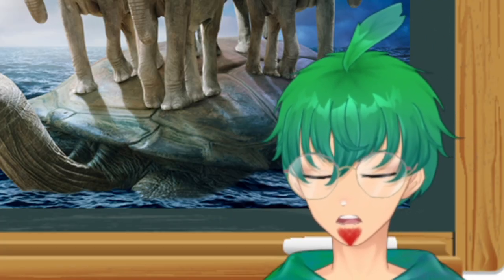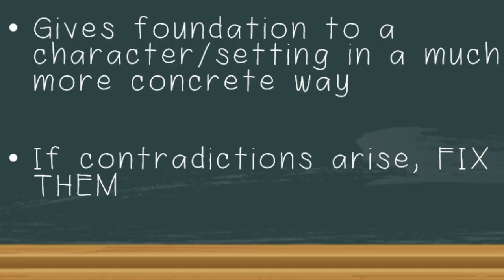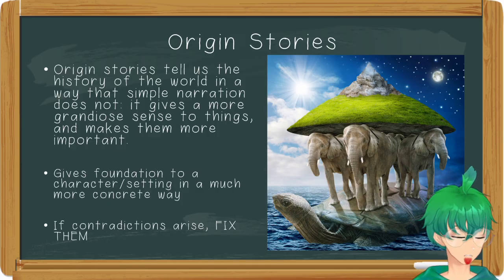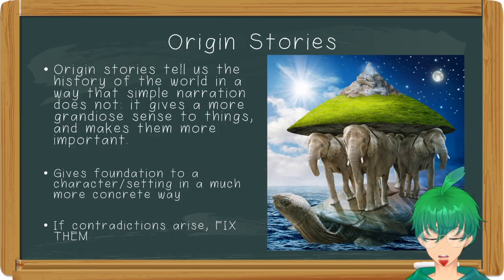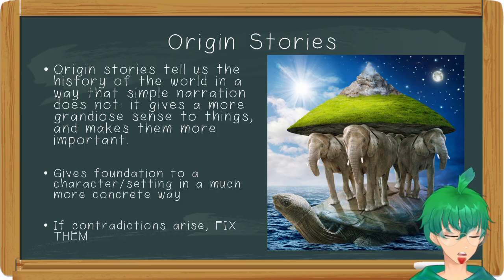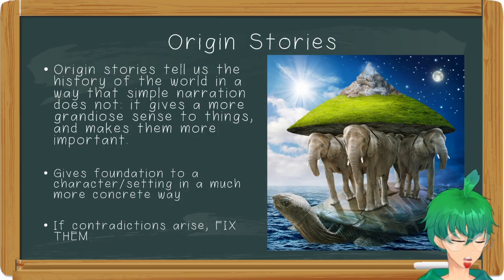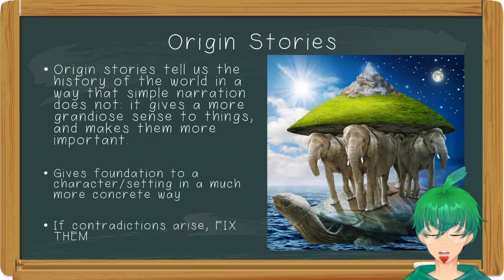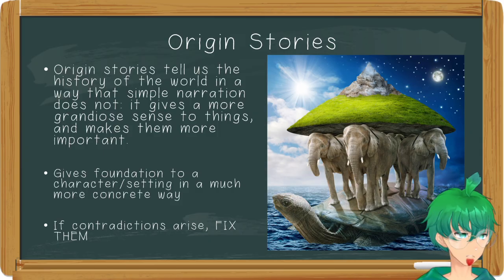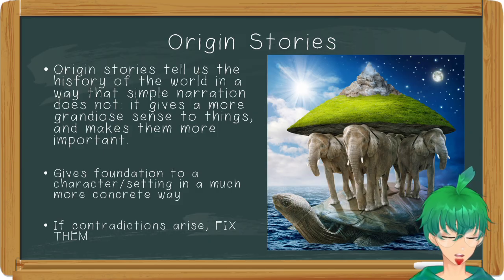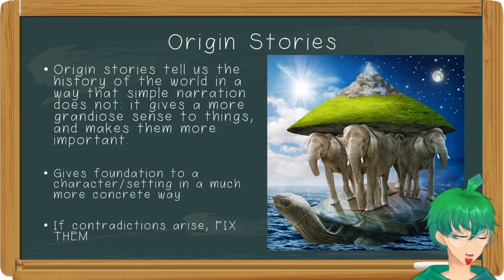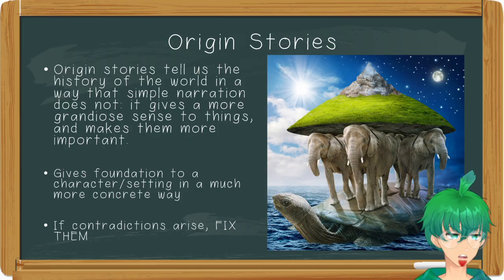And speaking of contradictions, if said contradictions do arise, make sure that it actually makes sense. That's what I mean by fix them. Like I said, if you have the origin story of this light that rose the land from the sea, but then it turns out that somebody's been lying about that, like the person in charge of whatever religious faction, it turns out that's a story they've been telling people in order to get them to believe in that, and in reality, things around them are just a simulation, and the light that is being cast down to rise the land from the sea is just a projector, and we're living in a simulation.